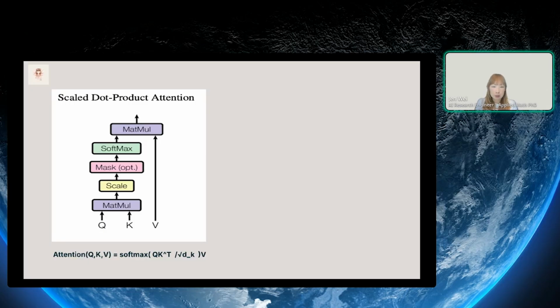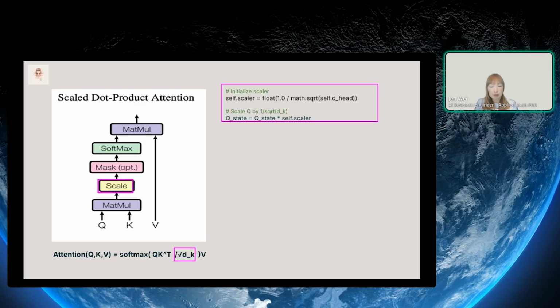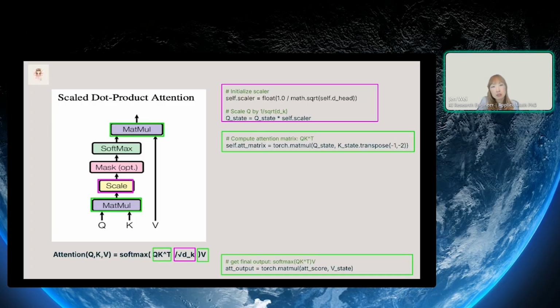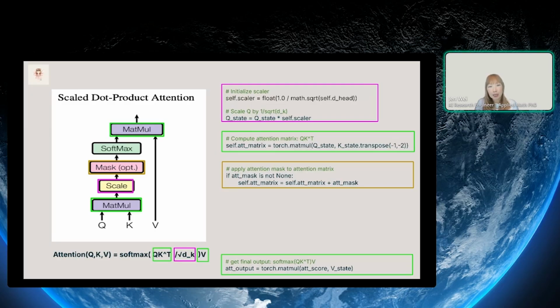Okay, so now for the implementation. The first thing we could implement is this scalar. We do that by multiplying Q by 1 over the square root of dk. Next is this compatibility function, which is just a PyTorch matrix multiplication. You just have to remember K needs to be transposed. Next, we add the attention matrix to the attention mask, and I will explain what the attention mask is in a later slide.